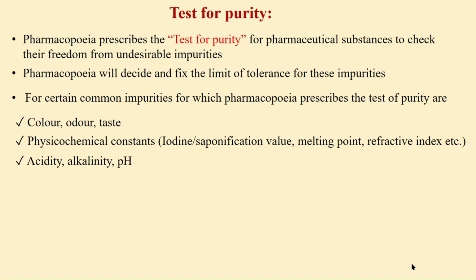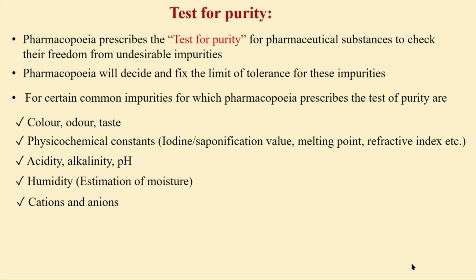The acidity, alkalinity, which indicates the pH of the substance. And it indicates the test for purity for the amount of moisture or humidity that can be present in the particular ingredient.